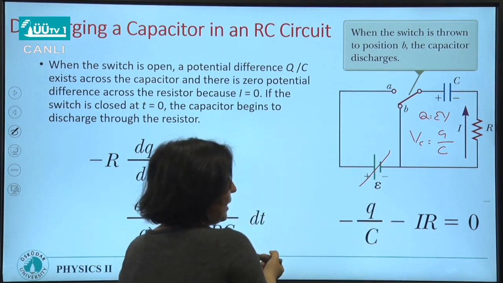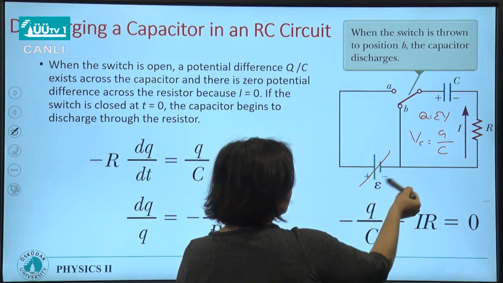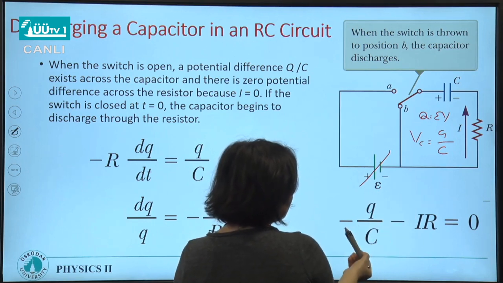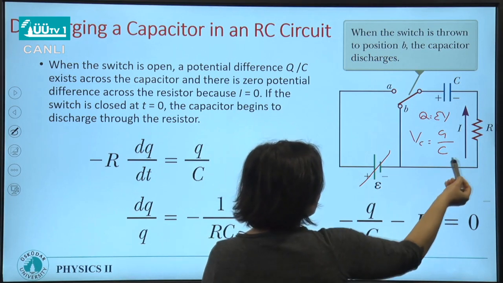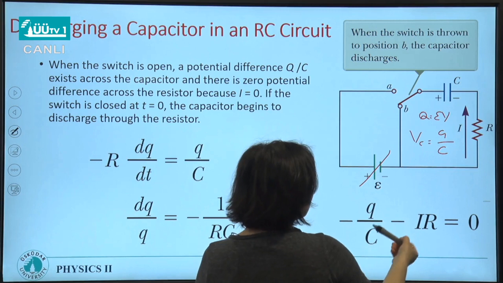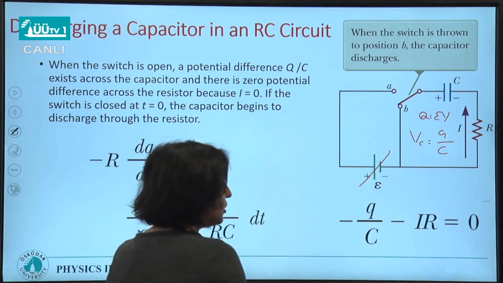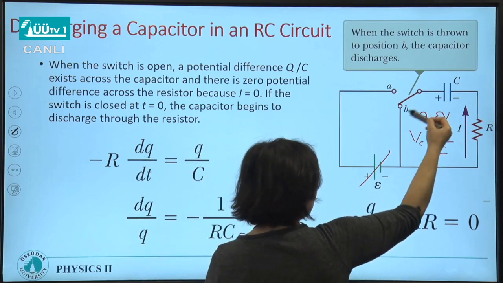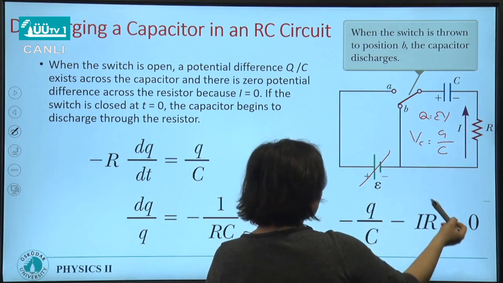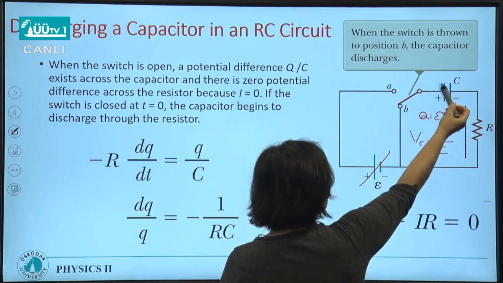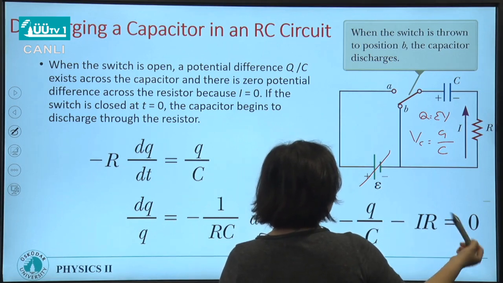Okay, now if we write the equation again from the previous equation, we get the epsilon and minus Q over C minus IR, but due to the direction of this current, you can write Q over C equals IR, or Q over C plus IR equals 0 due to Kirchhoff's rule. In this loop, the total potential difference is 0. So the potential difference on the resistor, IR, and the potential difference on the capacitor, Q over C, plus IR will be 0.